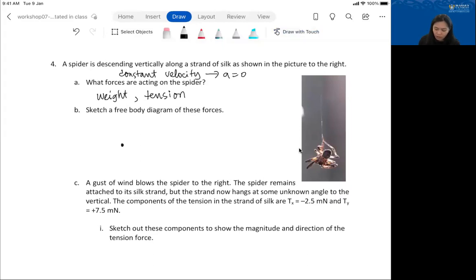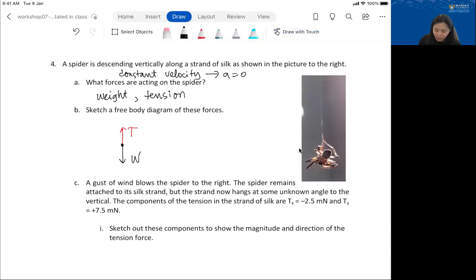So according to Newton's first law of motion, the magnitudes of the forces should be equal but opposite in direction, so that the net force is equal to 0. In your free body diagram, the lengths of the tension and weight forces should more or less be equal. Weight is always directed downwards, and tension is along the string, pointing away from the spider, and that's why it's vertically upwards.